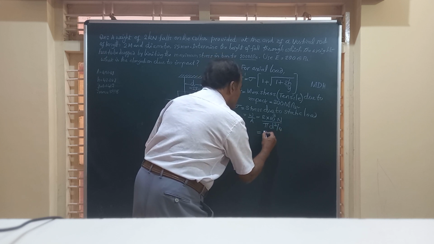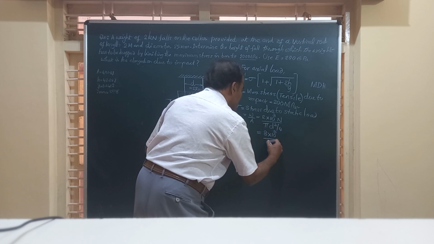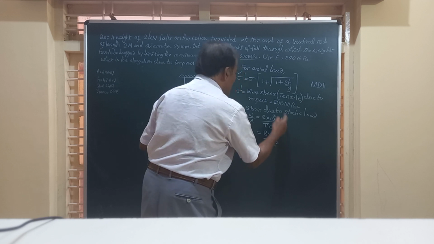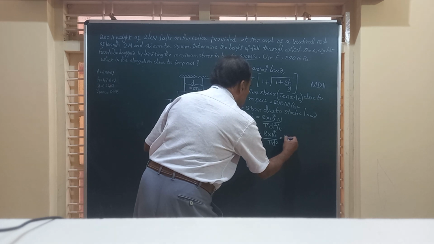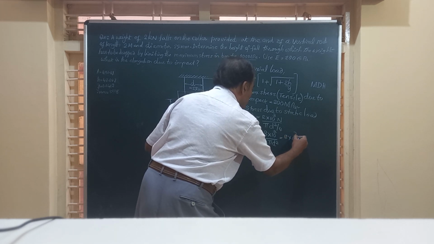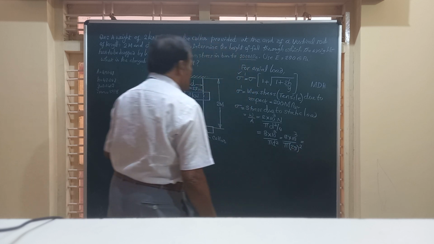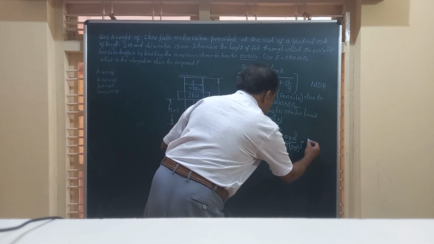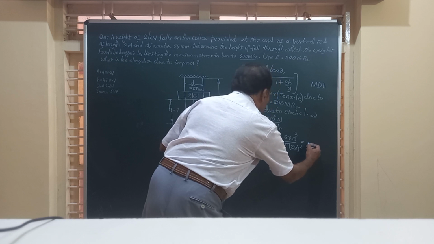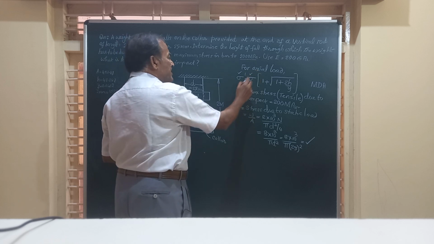And friend, this works out to 8 into 10 to the power of 3 by pi d square. 4 I have taken to the numerator, and friends, you know the diameter, 8 into 10 to the power of 3 divided by pi into diameter of the rod given to be 25. Friends, this works out as a value, so you can calculate this. We will call it as the value of sigma. It's a known quantity, so we know this value. So we know this sigma dash, we know sigma.